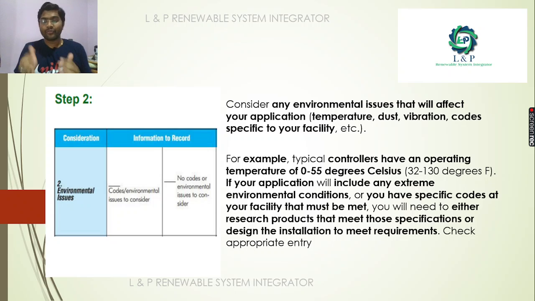But if you go for factories, where temperature is highly involved, where dust is highly involved, where there is a possibility for more vibrations, in such places you need to choose your controllers wisely, because they should be capable of withstanding the external environment, dust, vibrations, etc. All the controllers are designed with specific codes based on their environmental conditions. Make sure it satisfies your environmental issues.